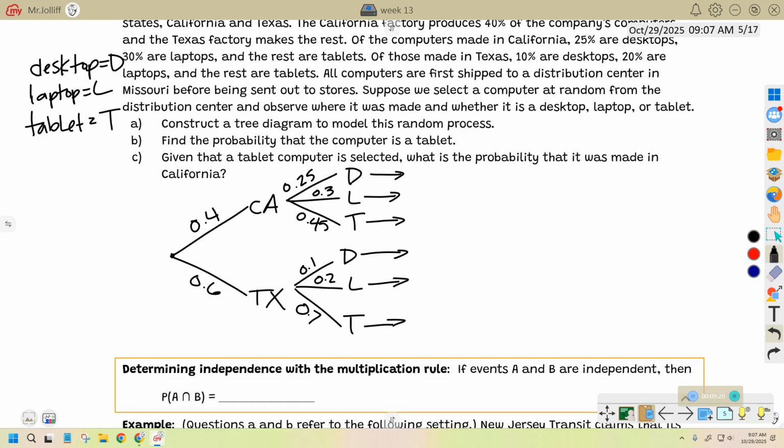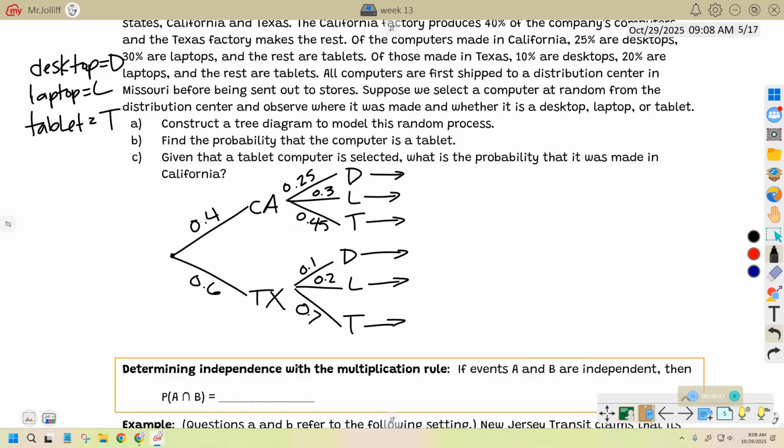If I want the probability of randomly selecting a California desktop, how would I find that? Yes, very good, Jeanette. We multiply down the branch to get to a California desktop. Perfect.